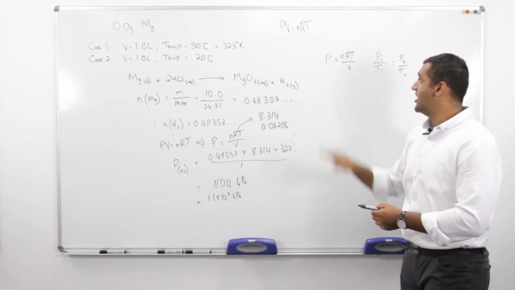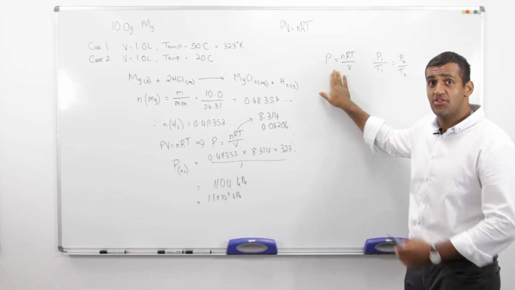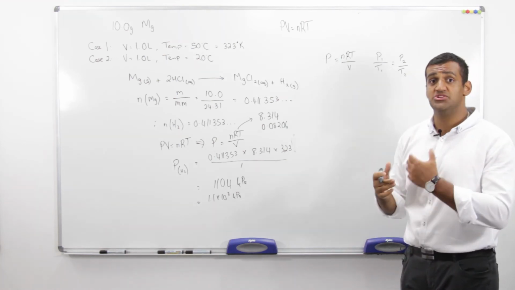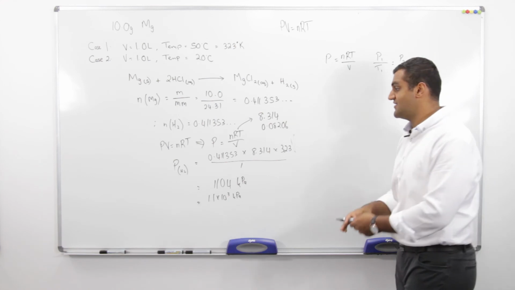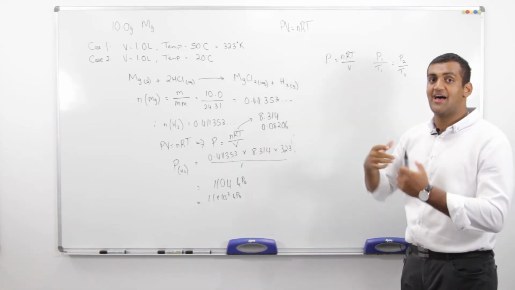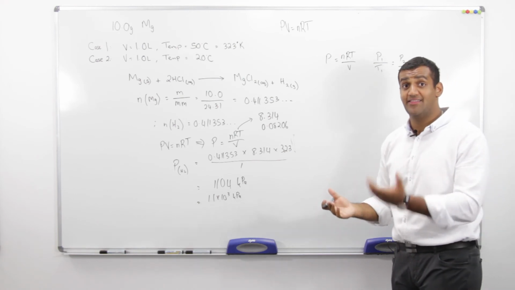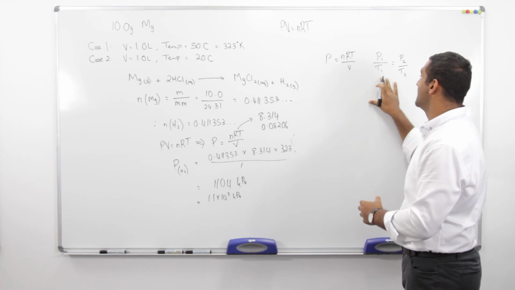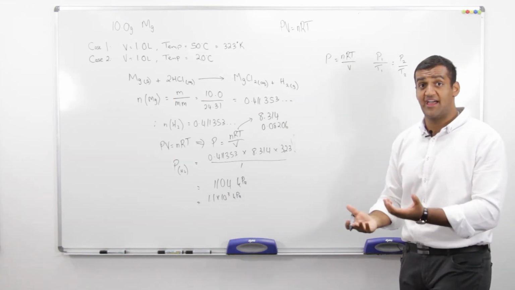I always prefer using this method. The reason why is because that means that you do not use a number which you've already calculated. So in essence, if I got this question wrong, I could still get the second part of the question right because I'm not using my wrong answer in the second part of the calculation. However, just to show you how this equation works, I'm going to do it the second way.